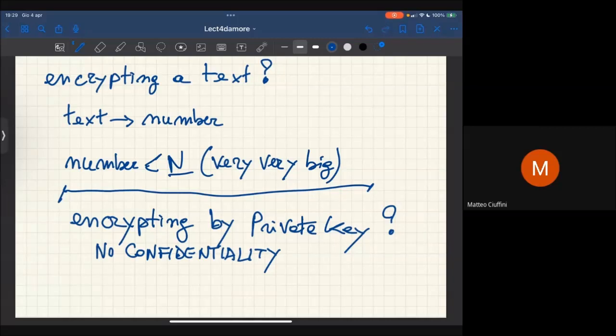Do you understand? Yes. This is critical because it is a fact that the encryption by private key is providing no confidentiality, but it is providing non-repudiation.